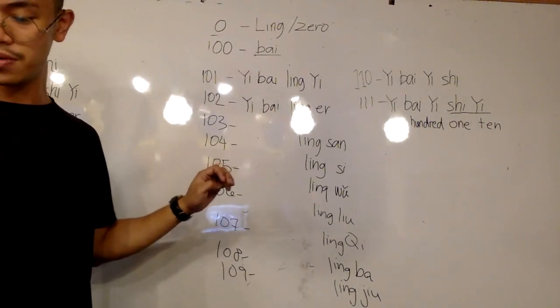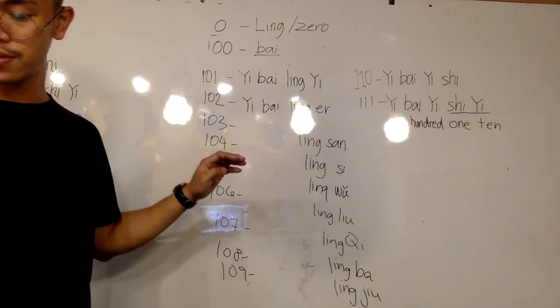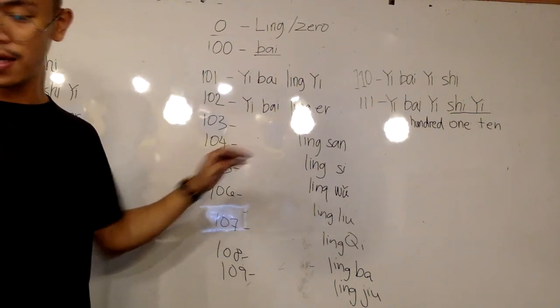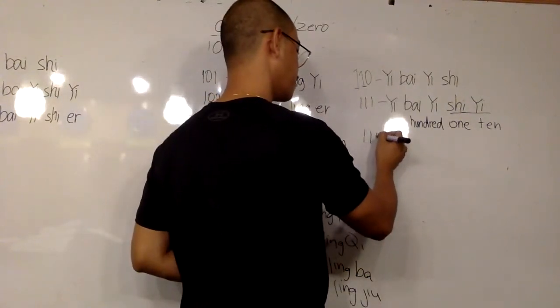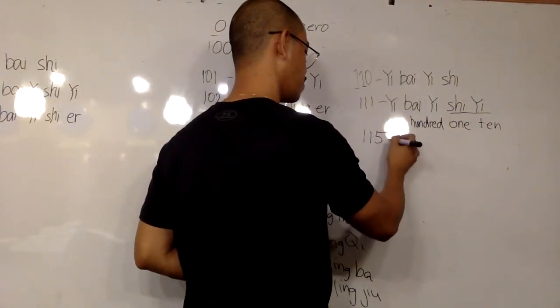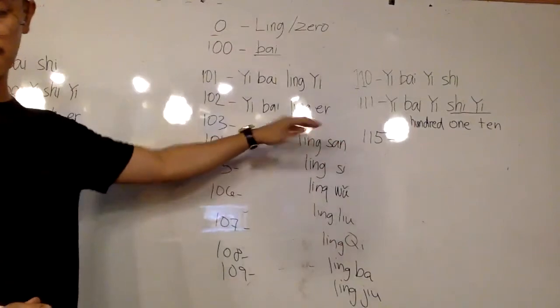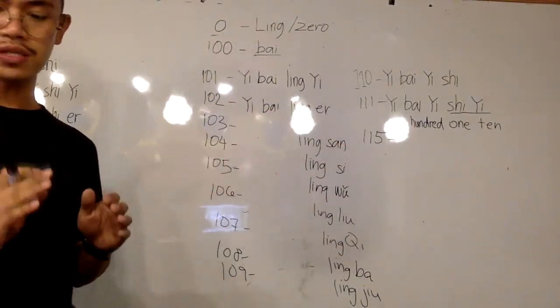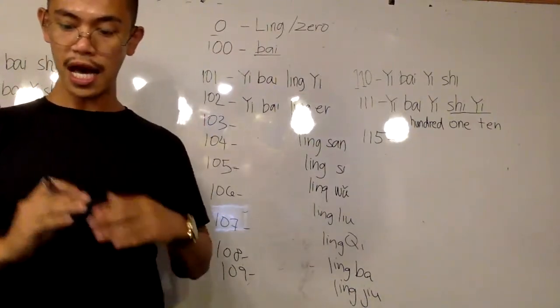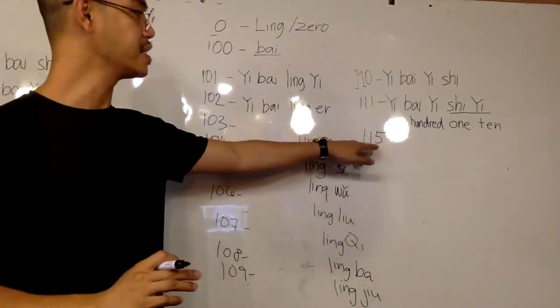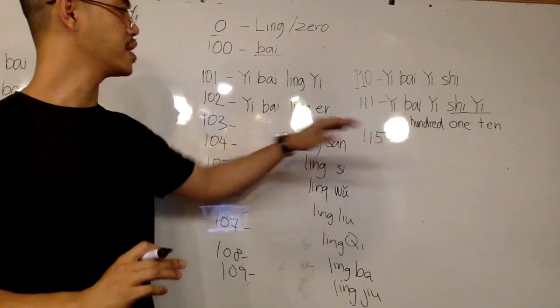Let's continue with our counting. How do we say 115? Okay, just now I have mentioned that if we have another number or syllable after it, we keep the 10. So we still have to keep the 10.